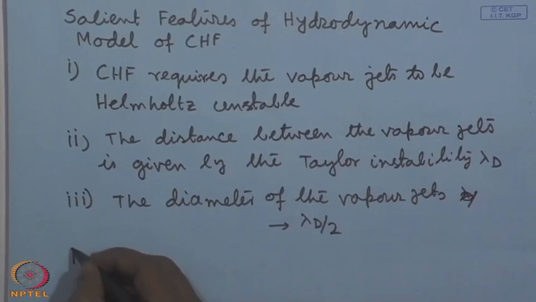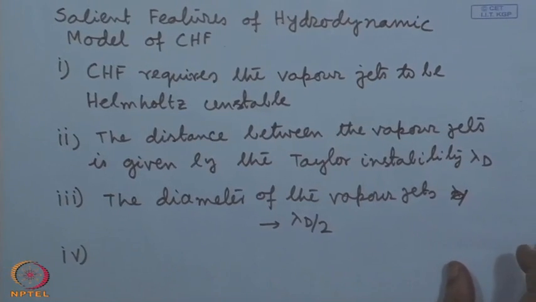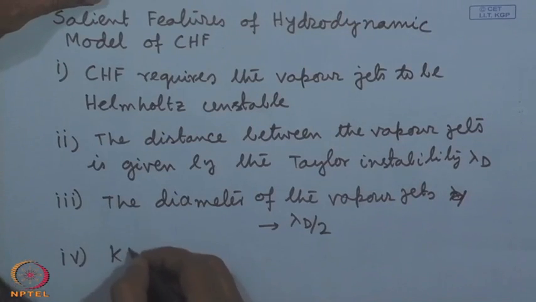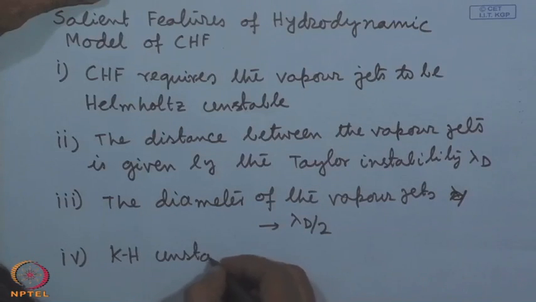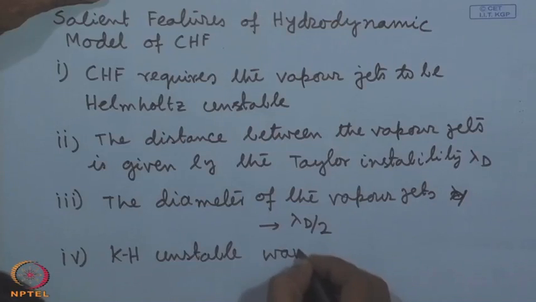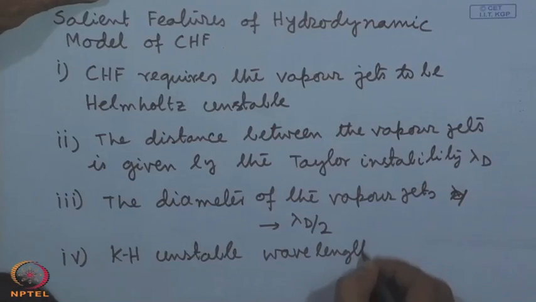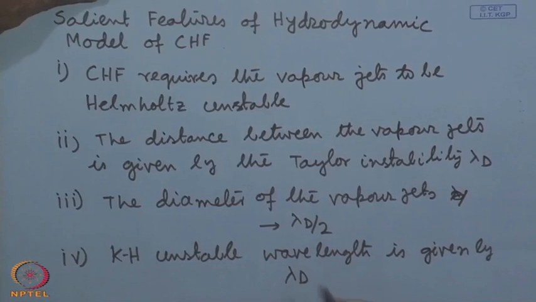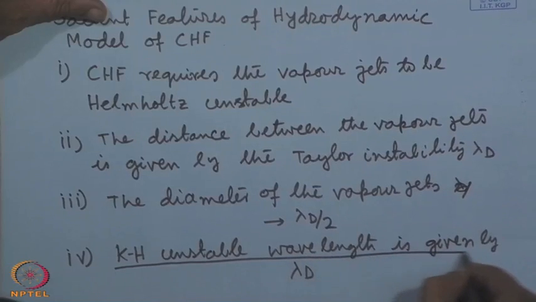Then another assumption, made basically by Lienhard and Dhir, is that the Kelvin-Helmholtz unstable wavelength is given by lambda d.